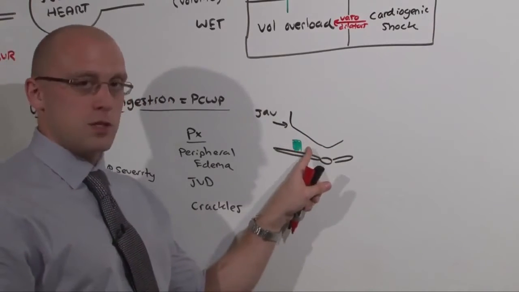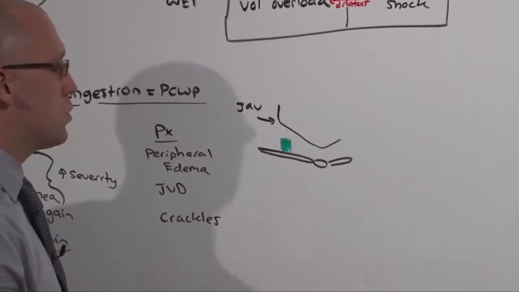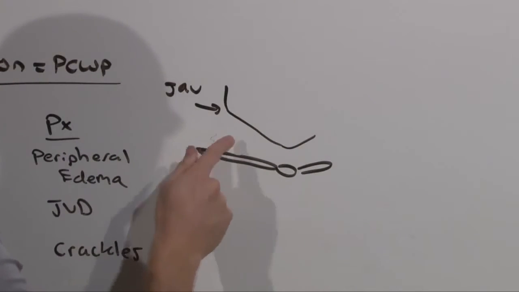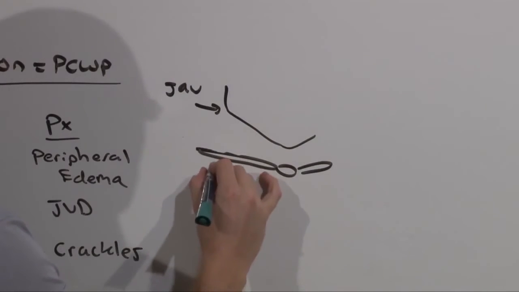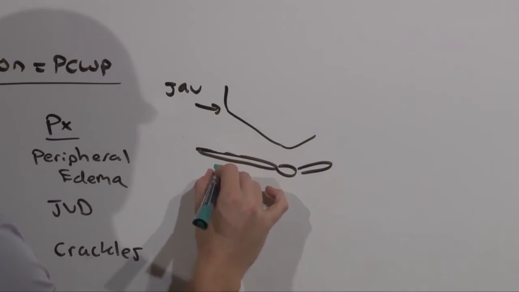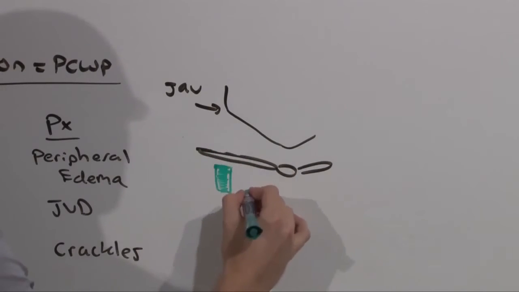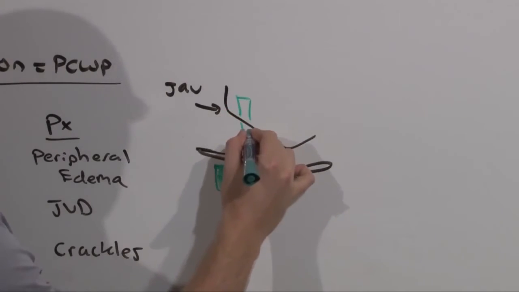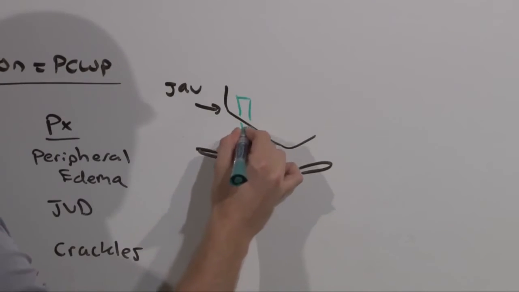This is a classic physical examination tool. But what you don't know is if you don't see the top of the column, the question you have to ask is, is there so little venous pressure it's just not popping up over the collarbone? Or is there so much venous pressure that the top of the column of water is actually already in their skull such that you'll never see it?